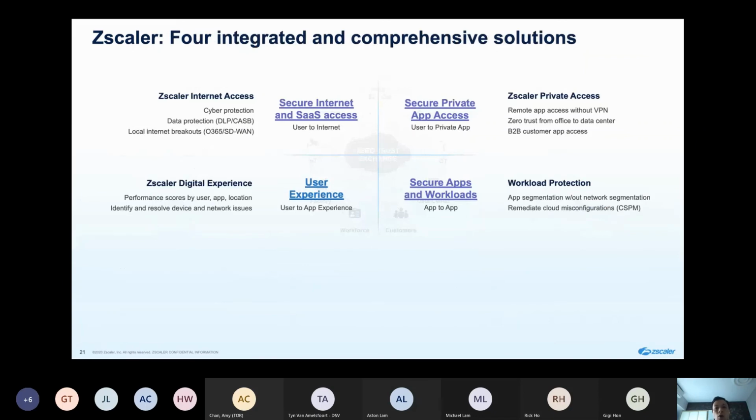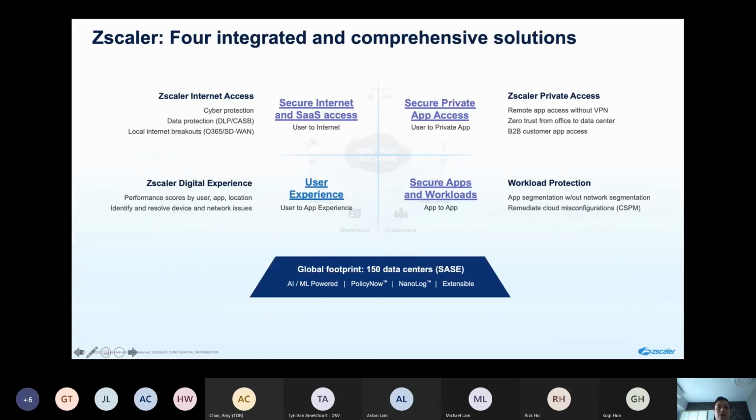And these are the four areas that our zero trust exchange network can do. Bring users to the internet securely, no matter where they are. Secure the user to application access, whether it's from remote workers or from the internal network, internal application access. We don't trust them by default.